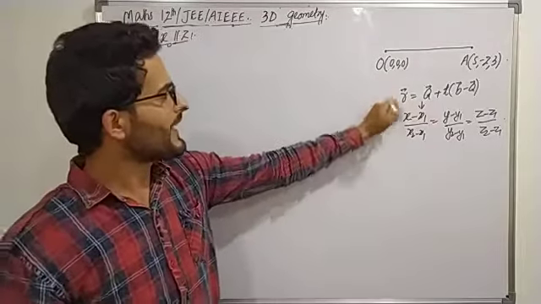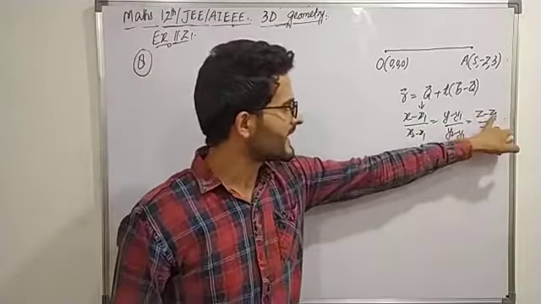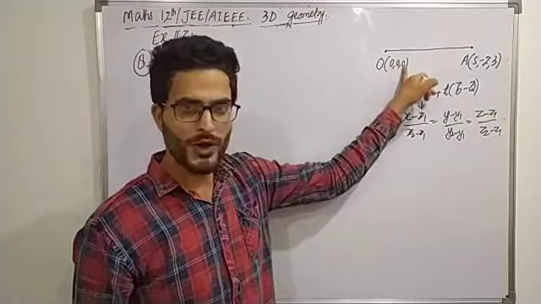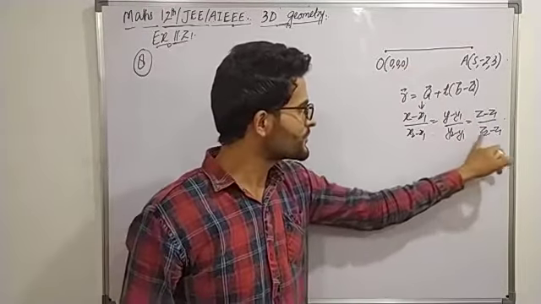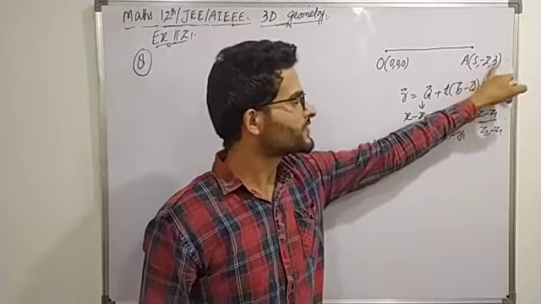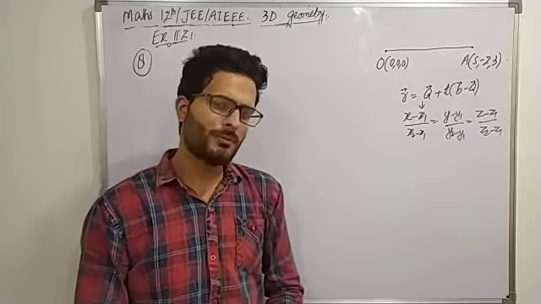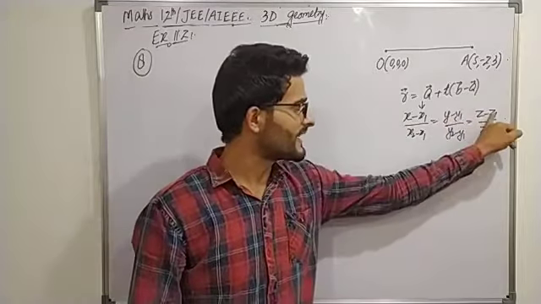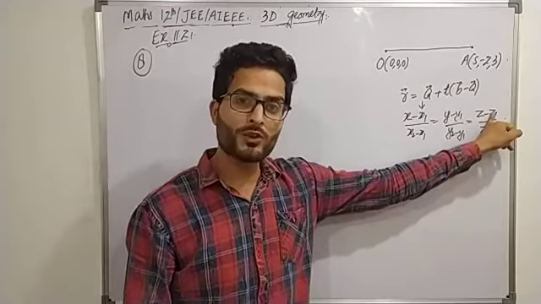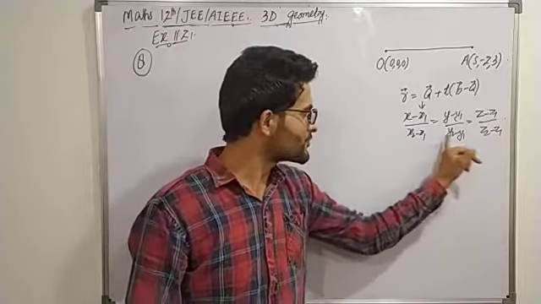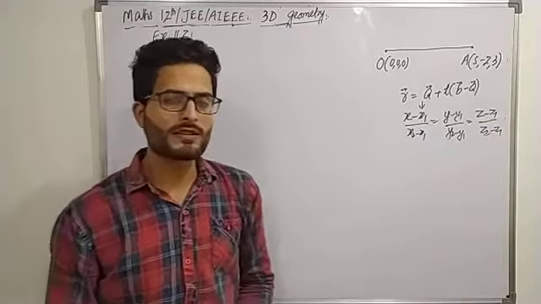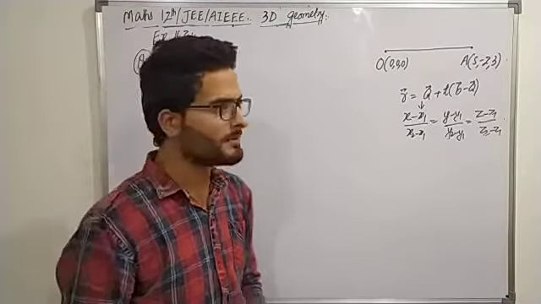So here we are given, instead of x1 y1 z1 we have 0 0 0, and instead of x2 y2 z2 we have 5 minus 2 and 3, where x, y and z are the coordinates of any point on the line. x1 y1 z1 are the coordinates of first point through which the line passes, and x2 y2 z2 are similarly the coordinates of second point through which the line passes.